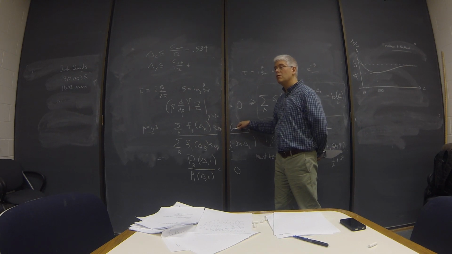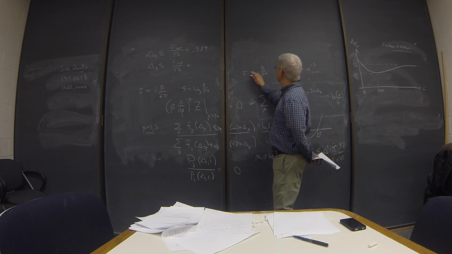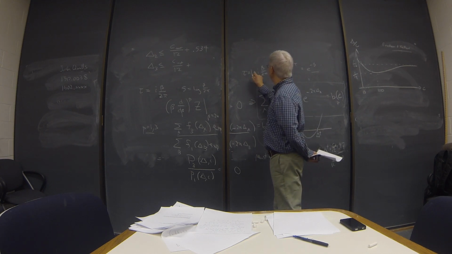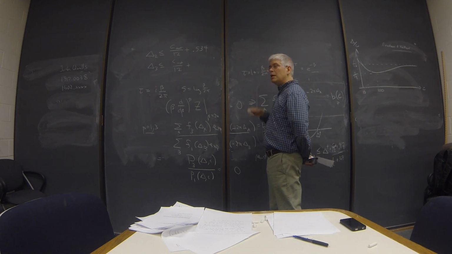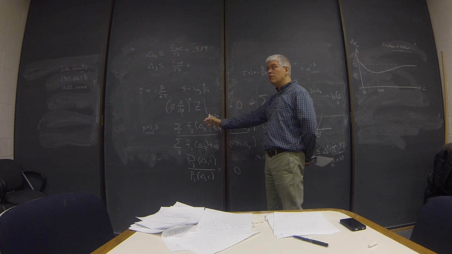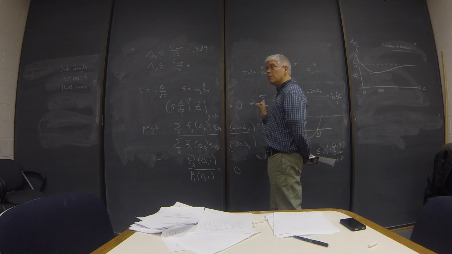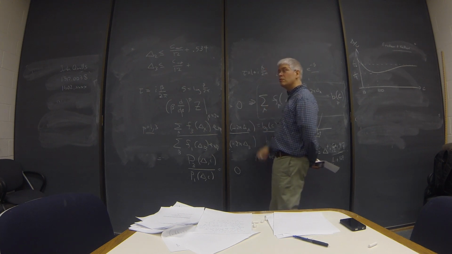Now you can do maybe something limited by considering tau as, say, 1 plus i beta over 2, then the even spins would be positive, the odd spins would be negative, so in that way you could get a relation between the even and the odd spins, but that's as far as I've gotten.